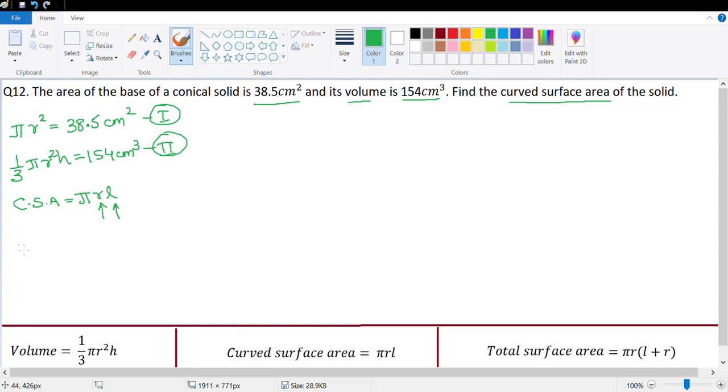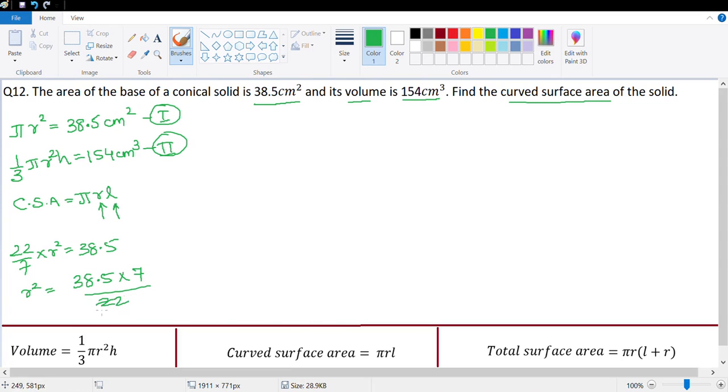Any value of pi given? No specific values. So let's take the value as 22 by 7 and let's calculate this question. So this is 22 by 7 into r square is equal to 38.5, which means r square is equal to 38.5 into 7 upon 22.